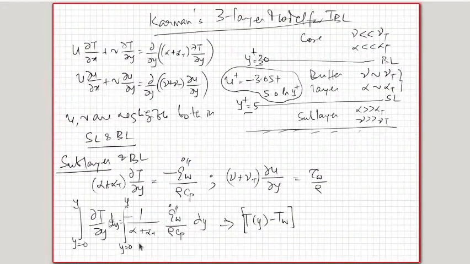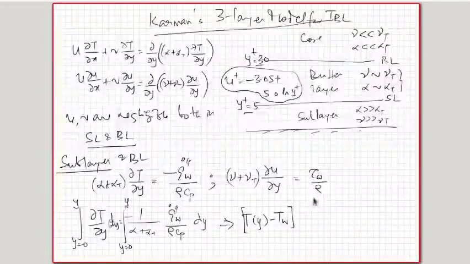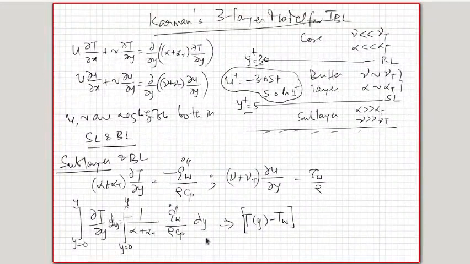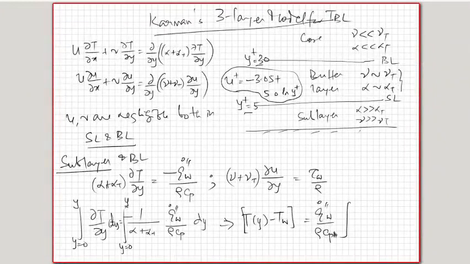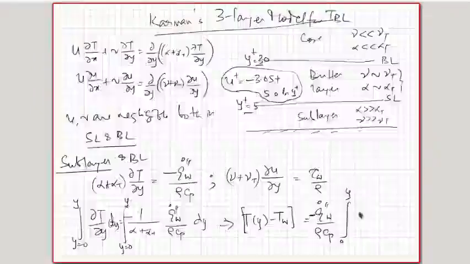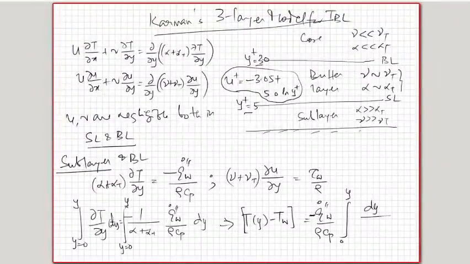And the q wall by rho Cp will actually come out, because these are independent of y, and we'll be able to write with a minus sign, of course, the integral from 0 to y of dy divided by alpha plus alpha t.